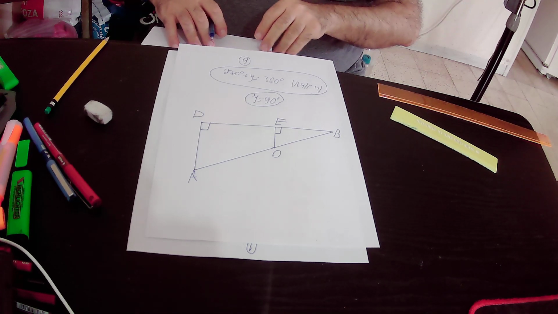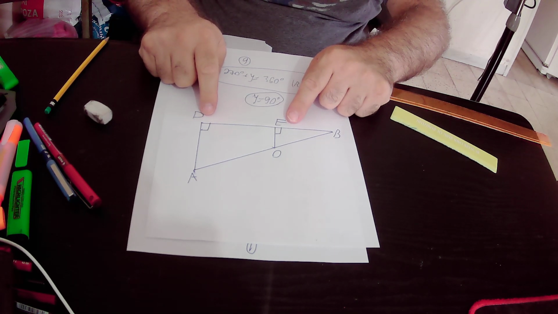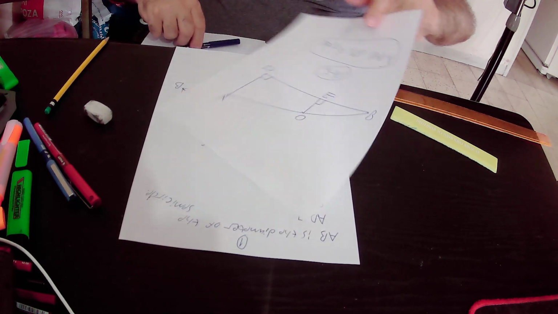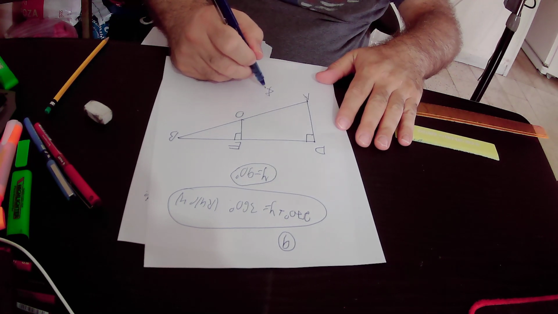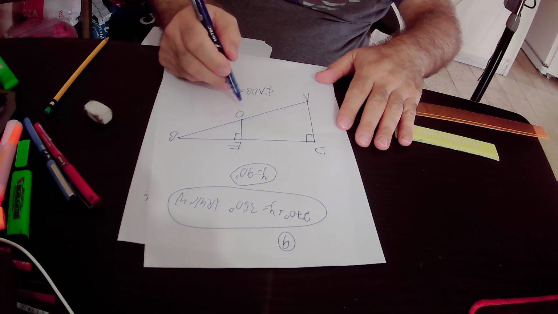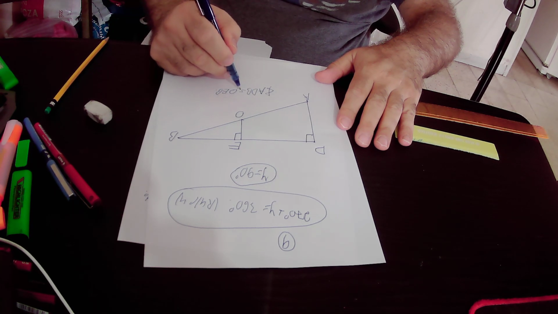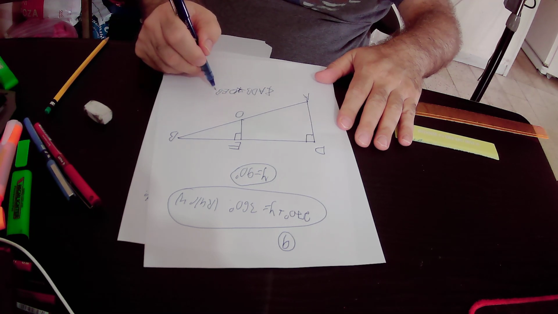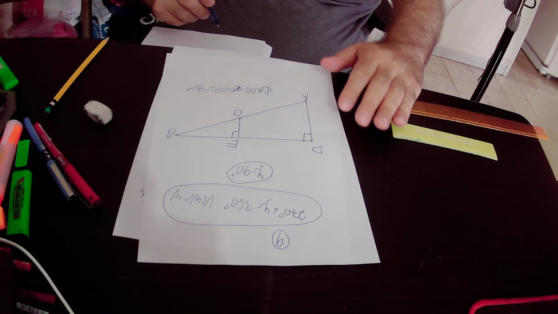So actually those two angles are equal to each other because both of them are equal to 90 degrees. So angle ADB in the big triangle is equal to angle OEB in the small triangle. Both those two angles are equal to 90 degrees in their sizes.